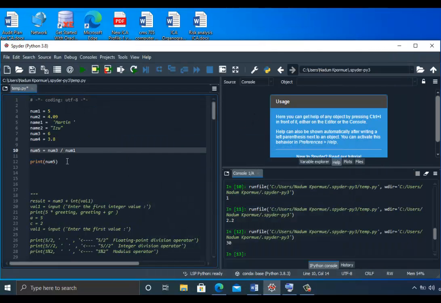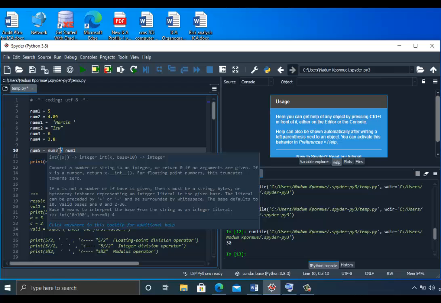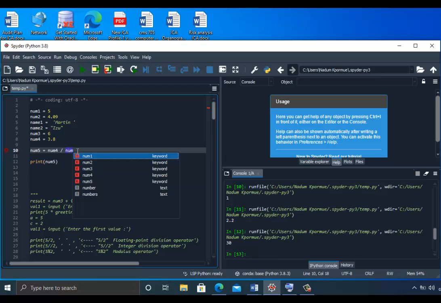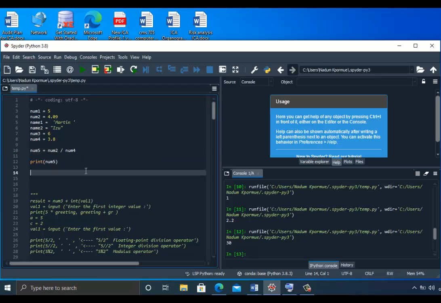So if this operator is for floating points, we are required to say num2 should be divided by num4.